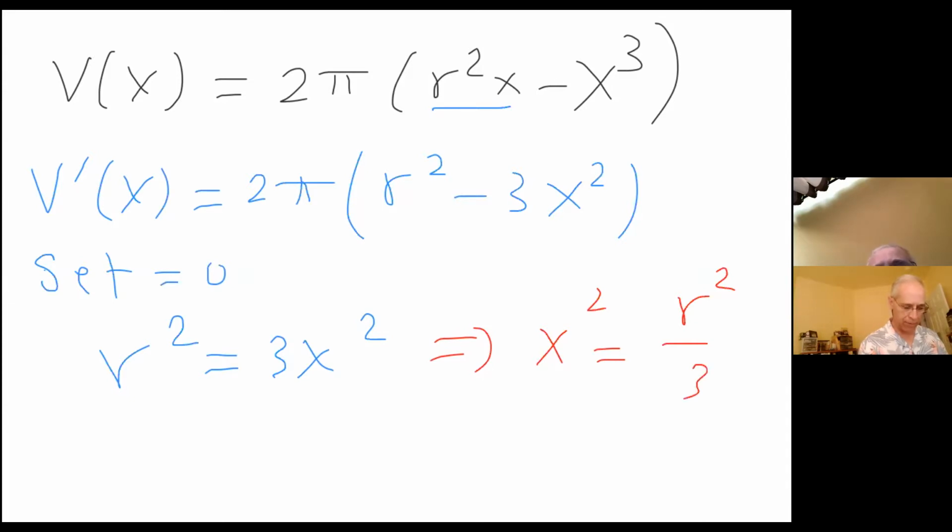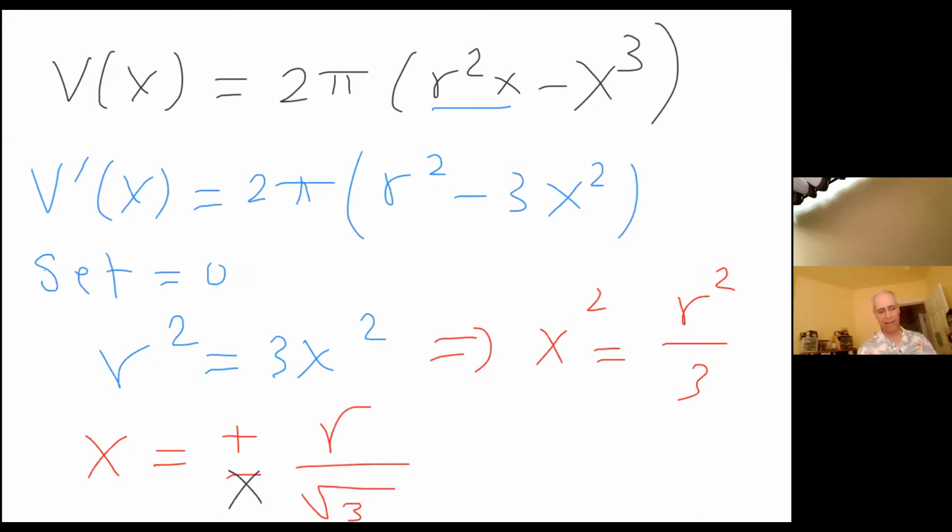And of course, x equals plus and minus r over square root of 3. And we are going to just trash the negative part, since this is geometry and I cannot have a negative x. So x equals r over square root of 3. So this is the only critical point.